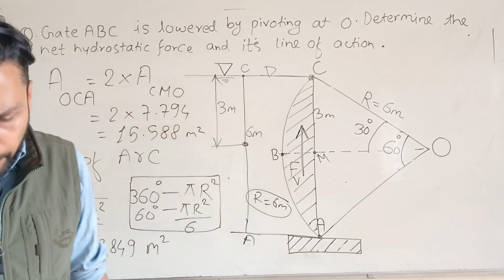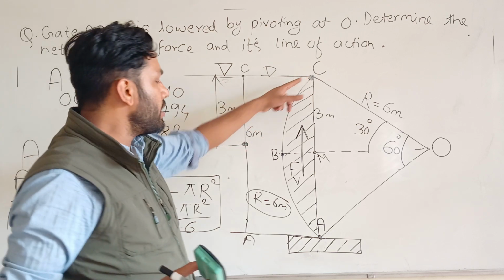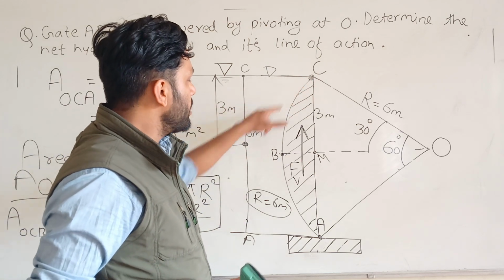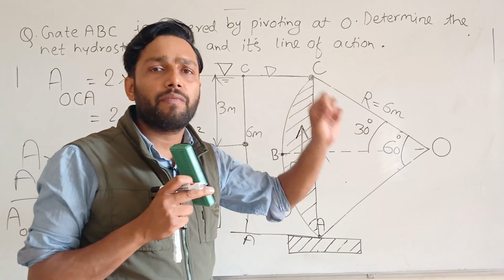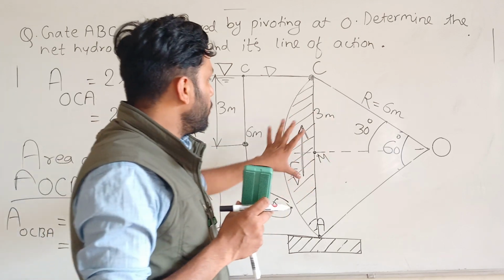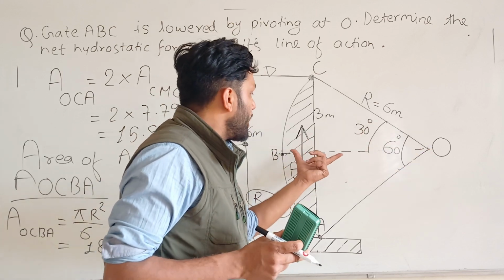Alright. So now let's find out the area of the lamina. CBAMC is a lamina. You need to find the area of this lamina and substitute it in question number 1. So for that I need to subtract the triangle from the sector.